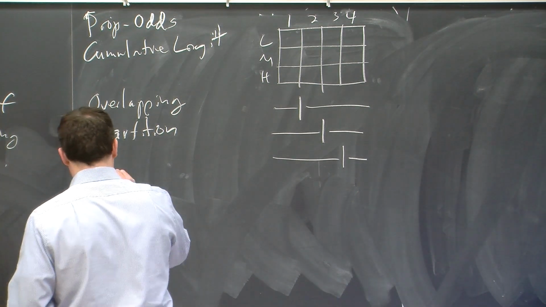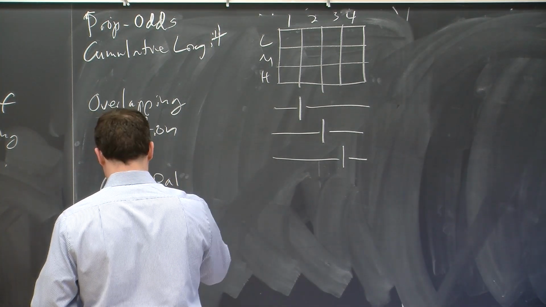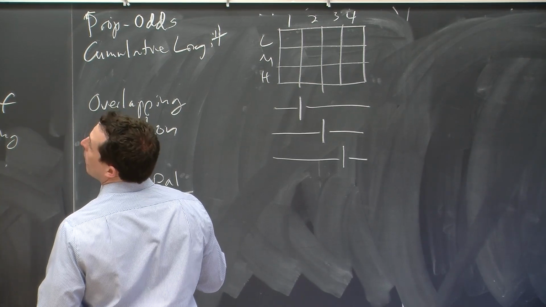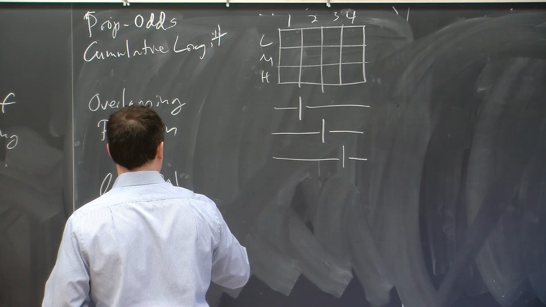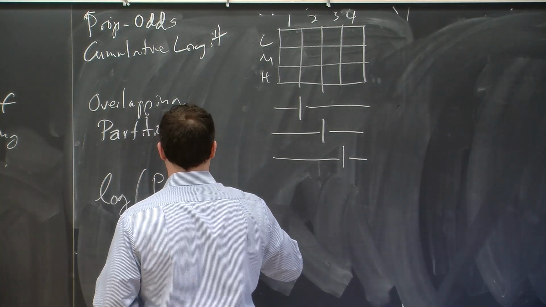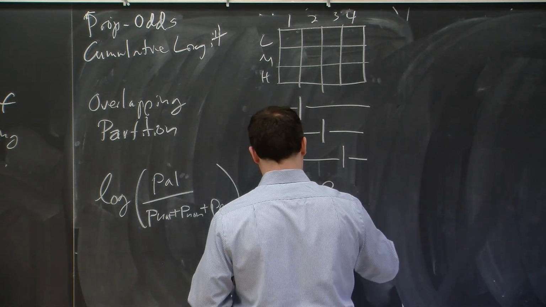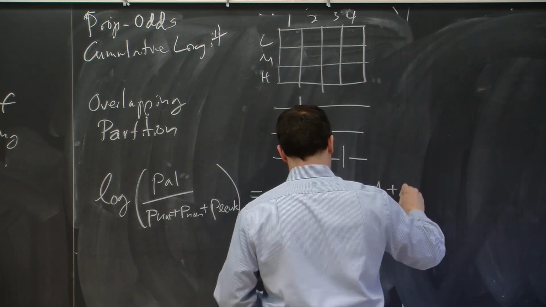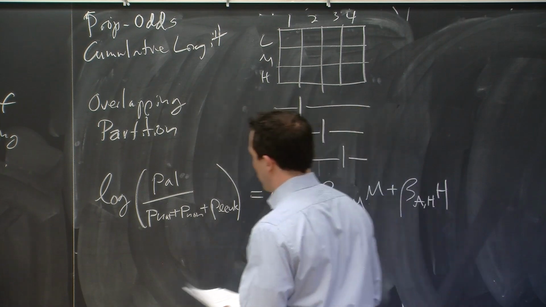And our equations will be log p alive given p nat plus p non plus p luke is equal to some alpha 1 plus beta alive. These are different betas, of course. Beta alive high, dummy variable for high.